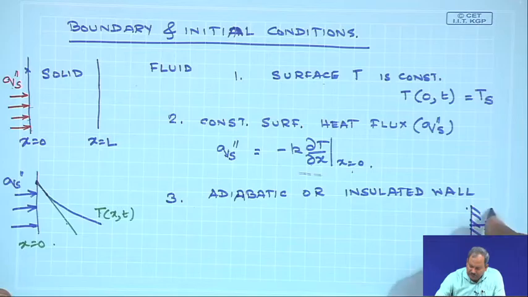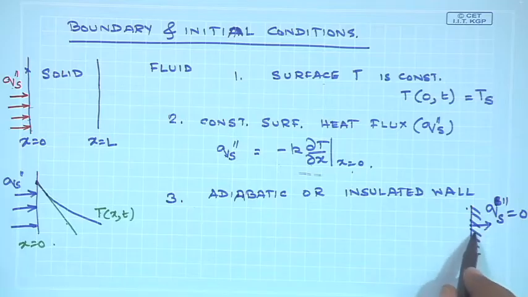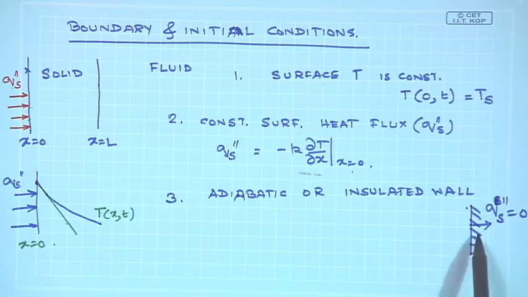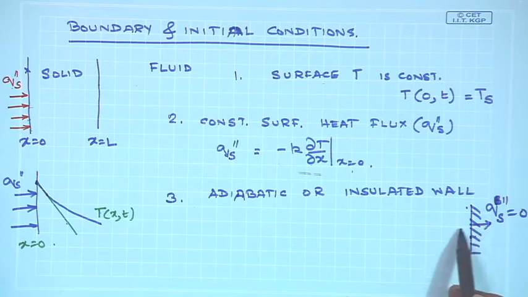So, if it is perfectly insulated, then Q S double prime must be equal to 0. If it is insulated, then no heat can cross this surface. So, I am again going to write the equality of the heat that goes out and the heat that reaches the surface by conduction.